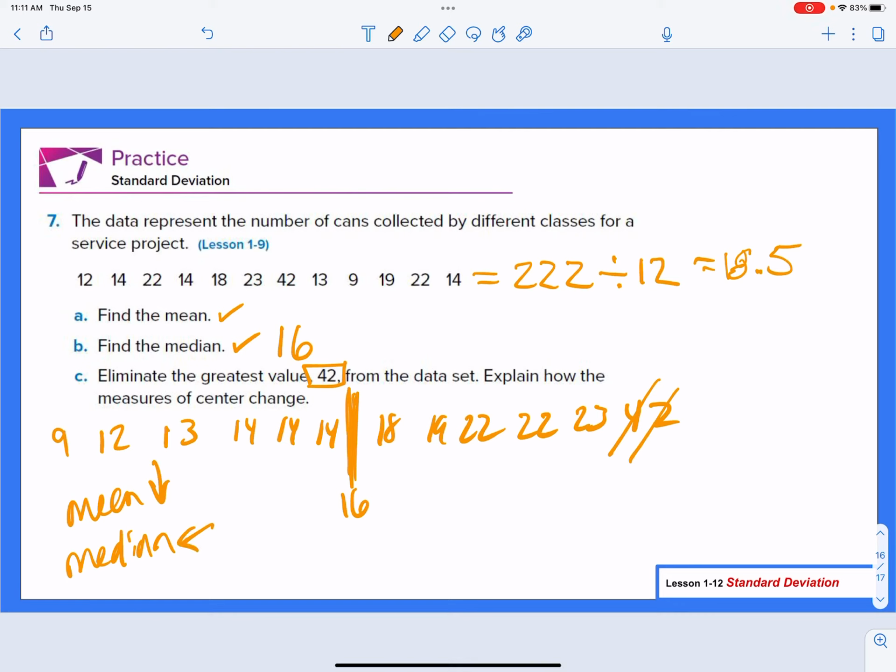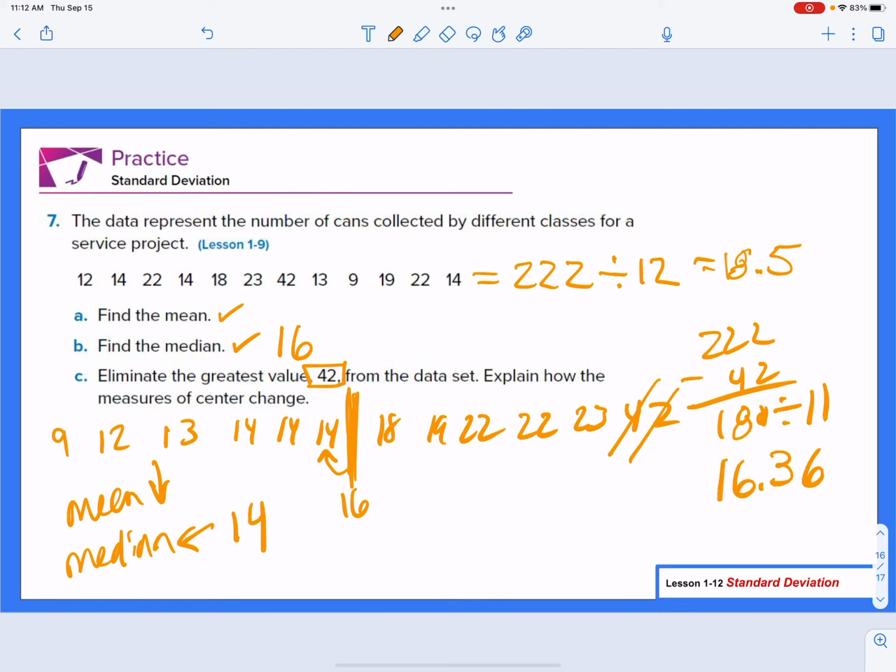So my median is now going to become whatever's here, which is 14. And for the mean, I could take the 222, subtract that 42 value, and now I'm at 180, divide it by 1 less, which is 11, and I get a mean of 16.36. So now my mean has indeed decreased from the 18.5 to 16.36.